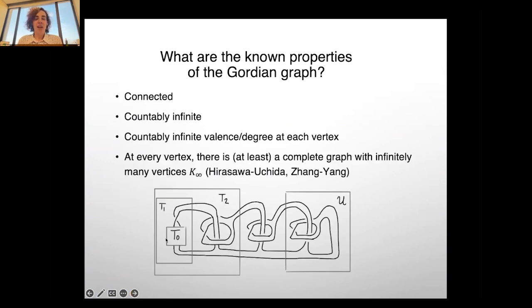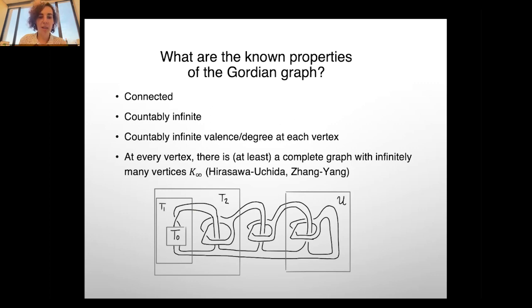So this is a very complicated graph. It is connected, that's good, but it is countably infinite with countably infinite degree at each vertex. And it's worse than that. At every vertex, there is at least a complete graph with infinitely many vertices. That's due to a result of Hirasawa and Uchida for crossing changes, Zhang and Yang for H2 moves, I believe.